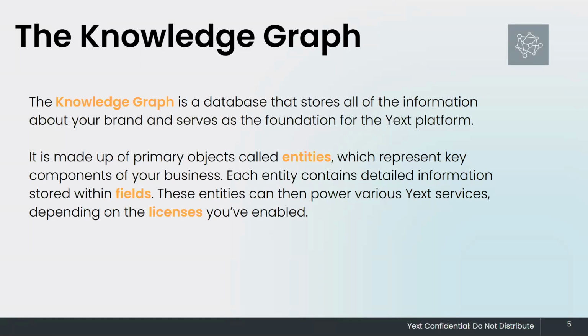So it could be the services that you offer. It could simply be the locations that you have, the opening times. It could also potentially be frequently asked questions. So the two terms we're going to be focusing on today are entities and fields. Those are the building blocks of the knowledge graph, but not just of the knowledge graph, really the whole of the Yext platform. Next slide, please, Martina.